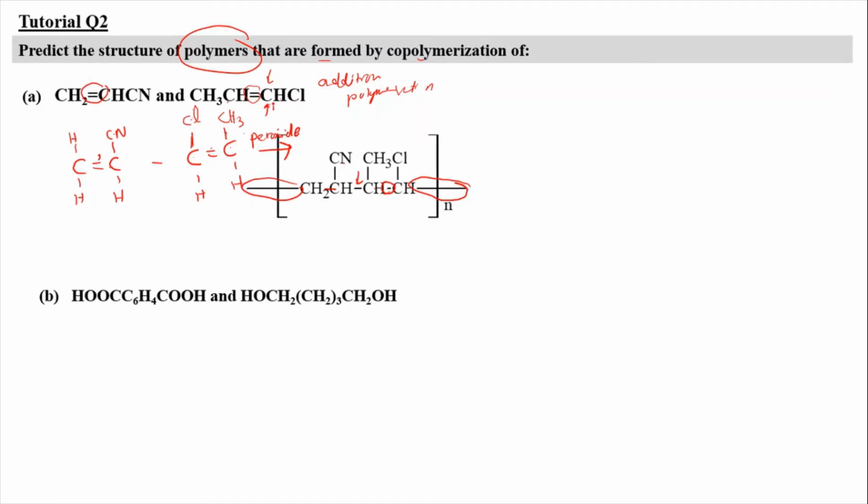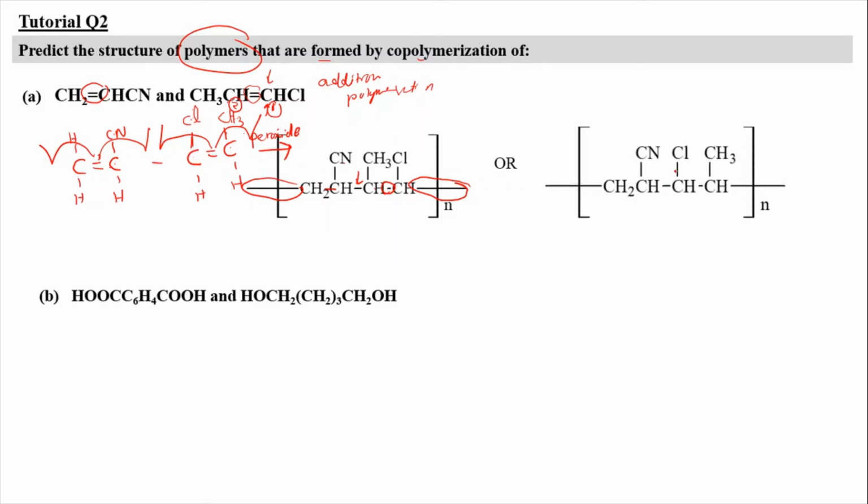Okay, this one is carbon number 1 now. This one is going to be carbon number 2. Okay, so if you were to do it like this, it is still the same method. So what you're going to get is the carbon-carbon single bond connecting CCN with CCl. Okay, so you will also get this answer here. Just now, you got this answer.